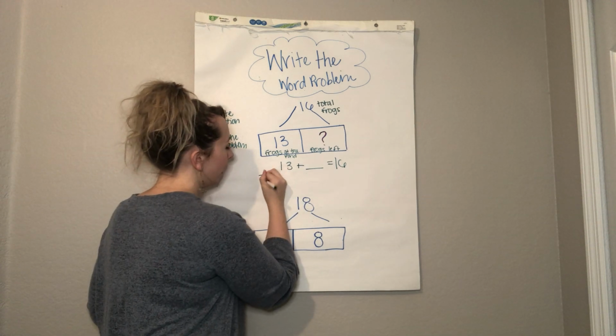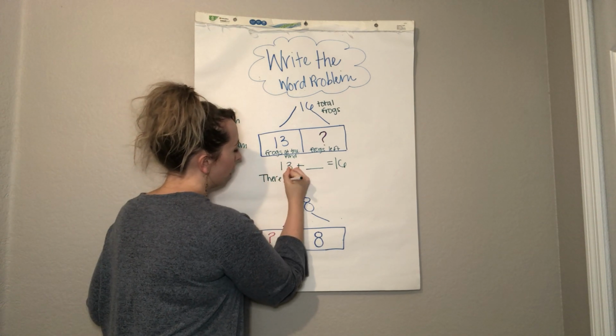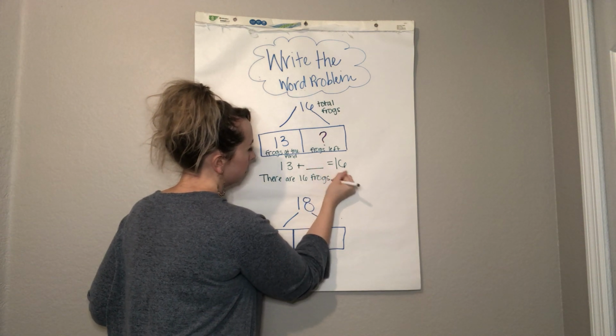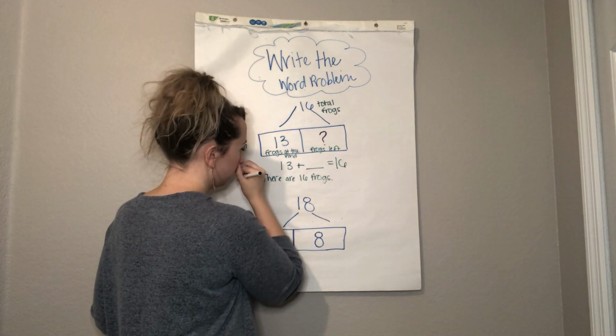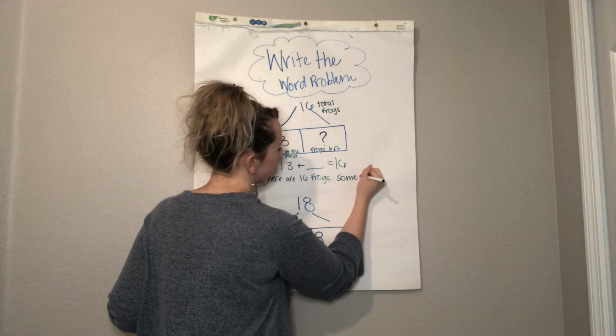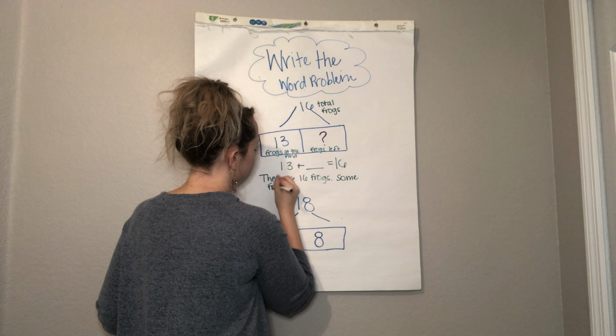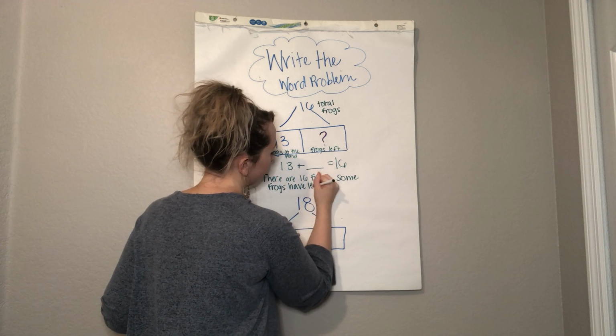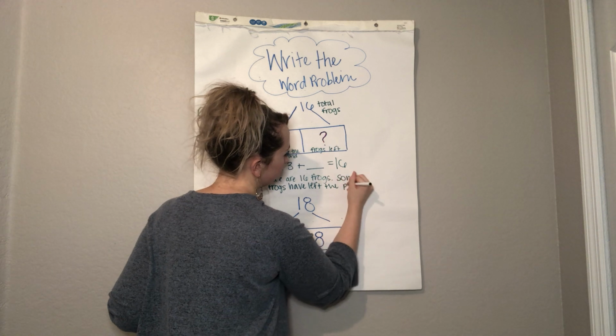So we're going to say there are 16 frogs, some frogs have left the pond.